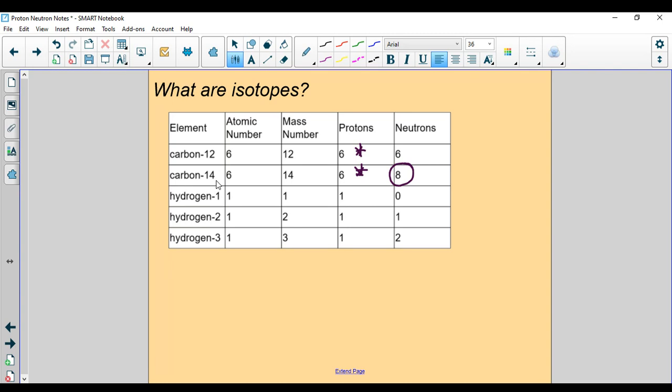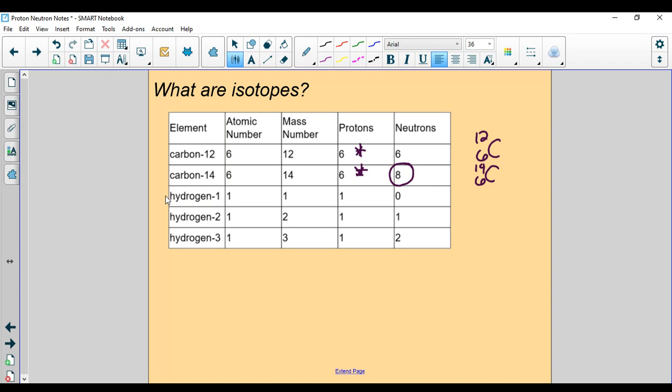For practice, I'm going to write the symbolic notation of each of those next to their data sets. Remember, the mass number goes on the top left as a superscript, and the atomic number goes on the bottom left as a subscript. When identifying these as isotopes, it's really easy to see in symbolic notation. The element symbols are the same, and the atomic numbers are the same, but the mass numbers are different.